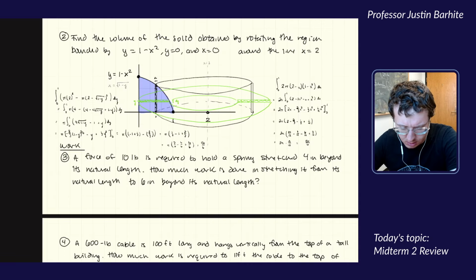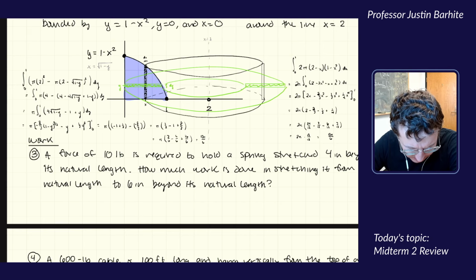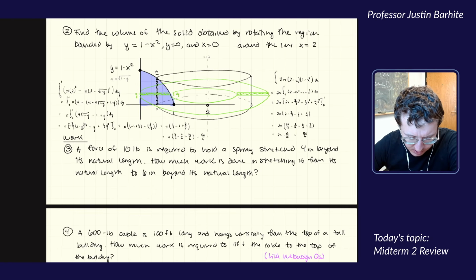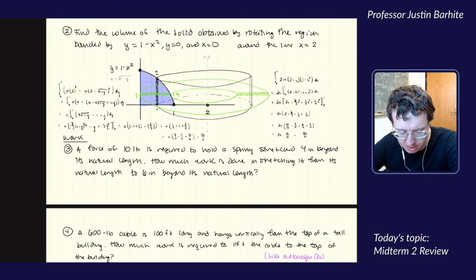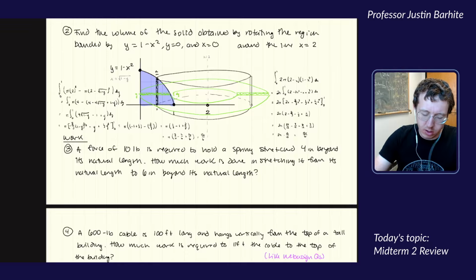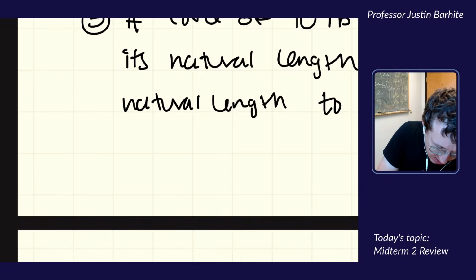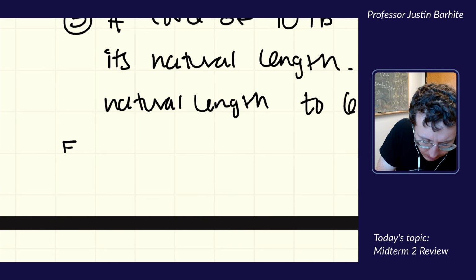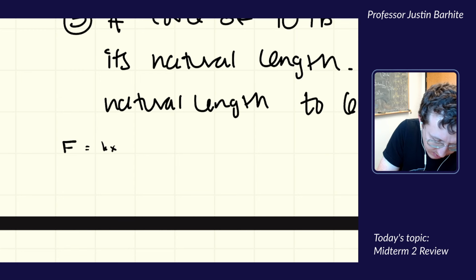Alright, this next question asks, a force of 10 pounds is required to hold a spring stretched 4 inches beyond its natural length. How much work is done in stretching it from its natural length to 6 inches beyond its natural length? Okay, so Hooke's law tells us that the force is proportional to the distance.